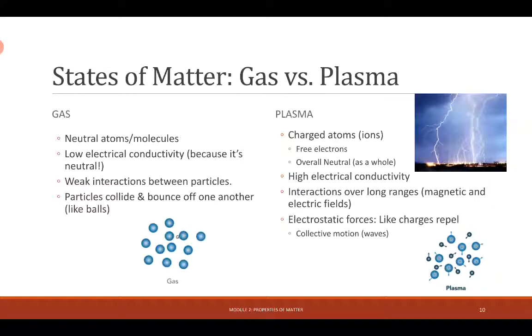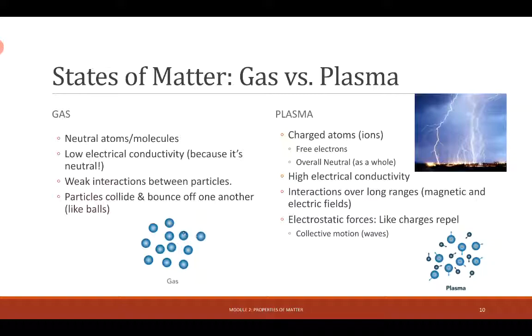And so here nothing is charged. Plasma, though, is made out of charged atoms, also known as ions. And that means that there's free electrons separate from the atoms or something that's creating them to be charged. It's overall neutral as a whole, but it's made out of ions and it's charged.